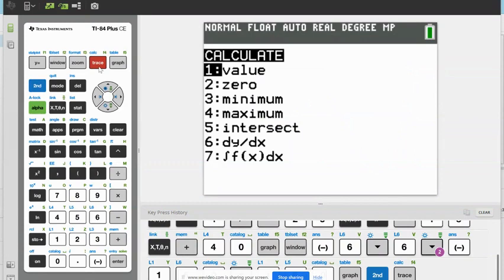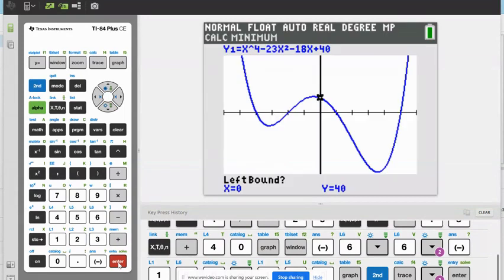And then what are we going to find? The minimum, exactly. So you're going to move your arrow down to the minimum, or you could just press 3 and enter. Okay, so now it's going to calculate the minimum for us, right? What is it saying? Left bound. What does it mean when it says left bound? It means go to the minimum, but then go to the left of that lower bound.